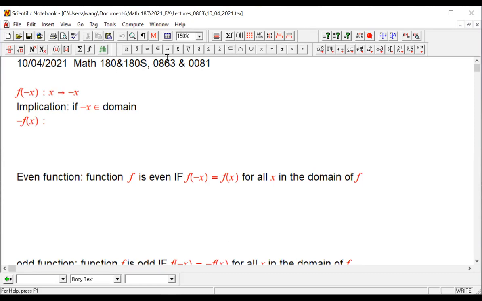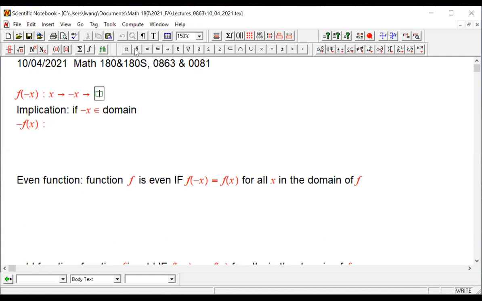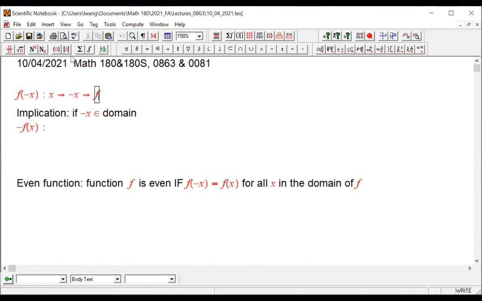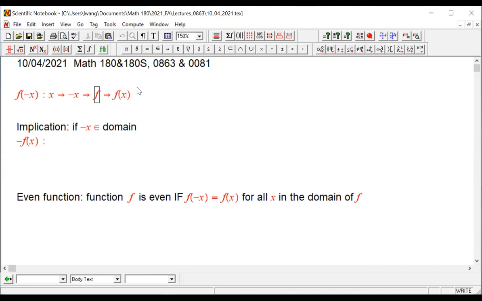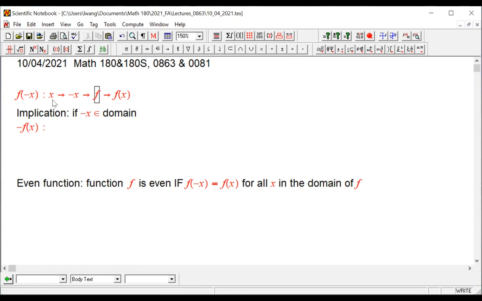The negative x will serve as input. So the rule of f will apply to the input of negative x instead of x, and it produces output. That's the meaning of f of negative x.